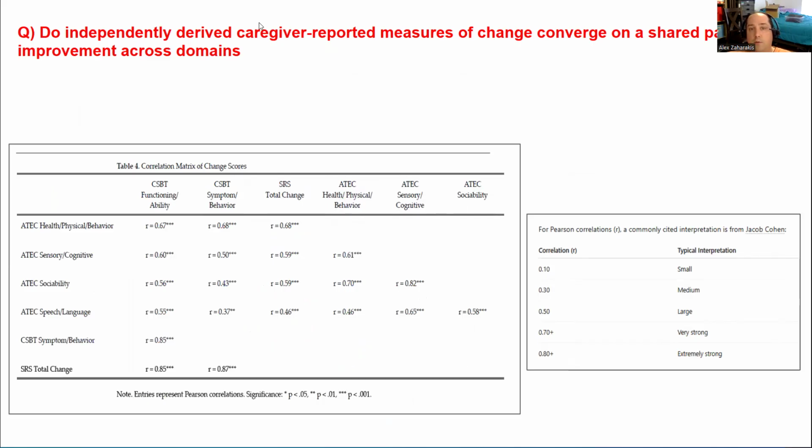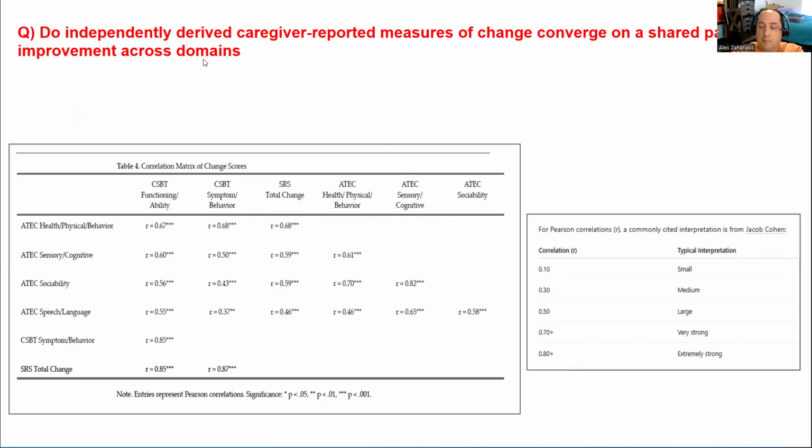Do independently derived caregiver reported measures of change converge on a shared pattern of improvement across domains? What does that mean? We have three different assessing metrics: the CSBT, 35 questions, the SRS2, 65 questions, and the ATEC, which I believe is somewhere in the 60, 70 question area. The totality of them is around 200 when we add them together with some of the custom questions on the side.